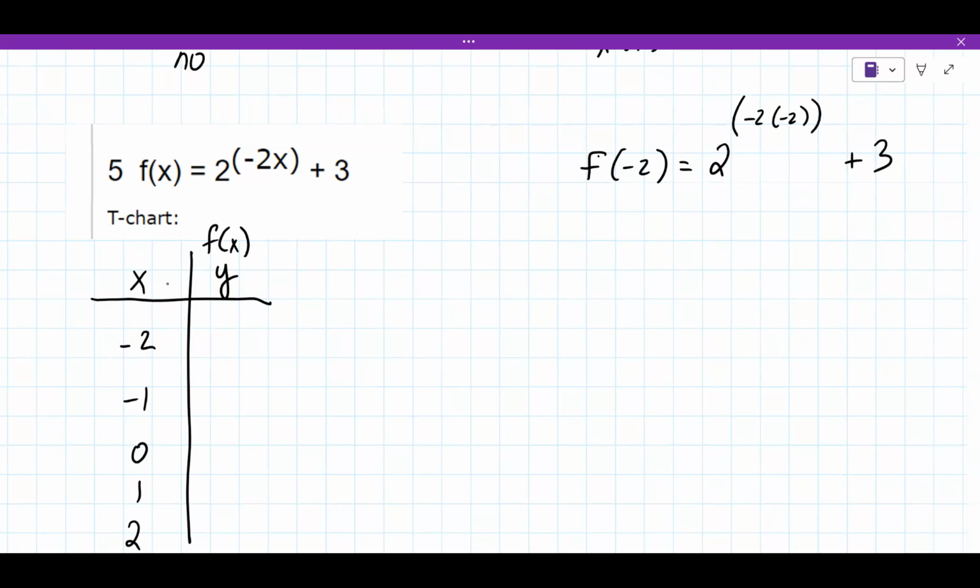So that'd be 2 to the power of 4 plus 3, which I'm going now to the Desmos calculator for because I'm too lazy to do it in my head. 2 to the power of 4 is 16, so 16 plus 3 equals 19.